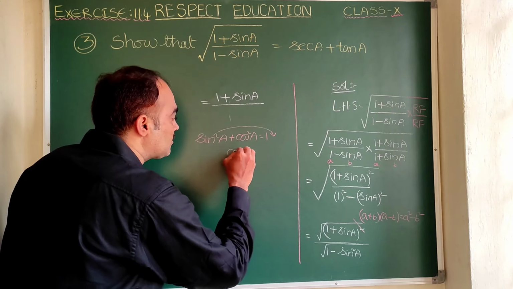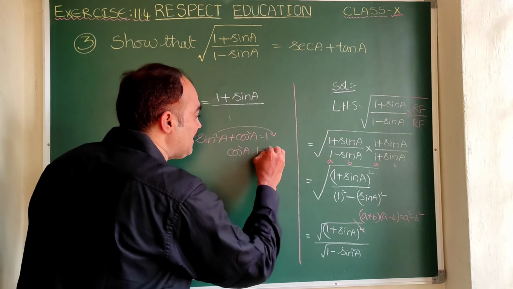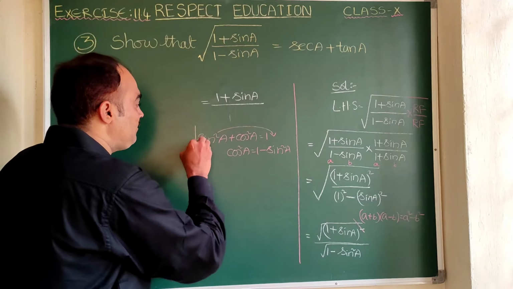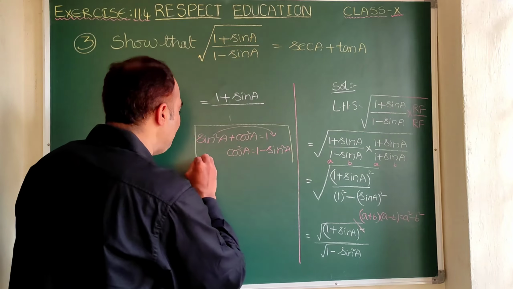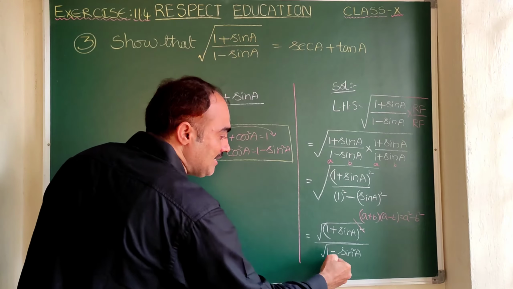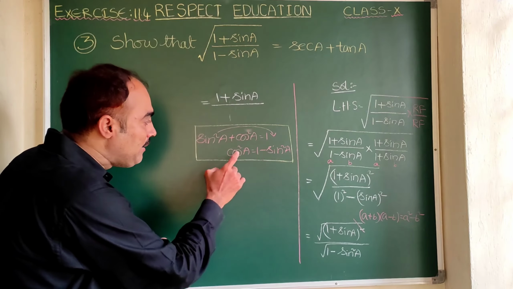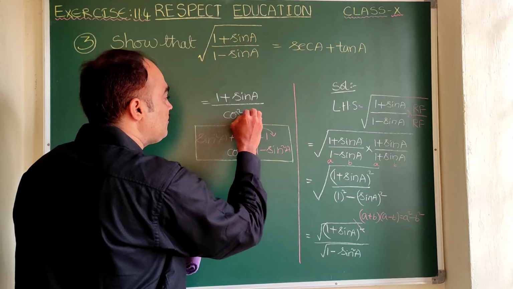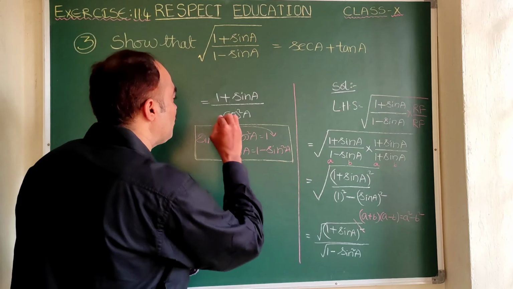Cos square A. Cos square A is equal to 1 minus sin square A. Is it clear? That means in the previous step, this 1 minus sin square A can be replaced with cos square A. It is cos square A, but still it has a square root.